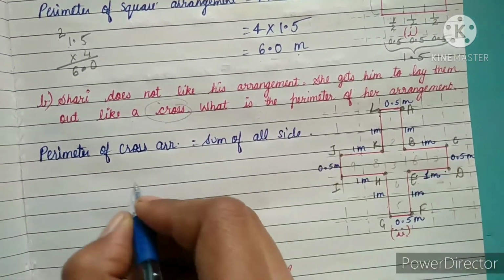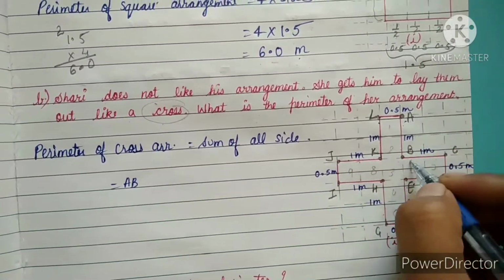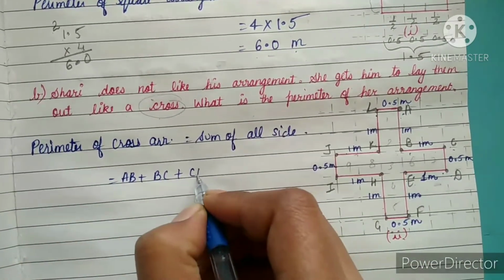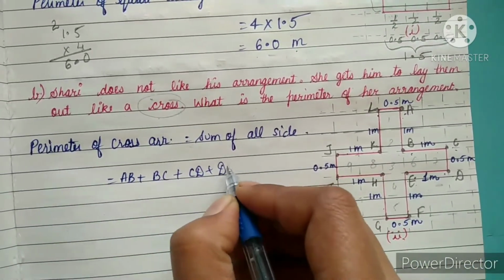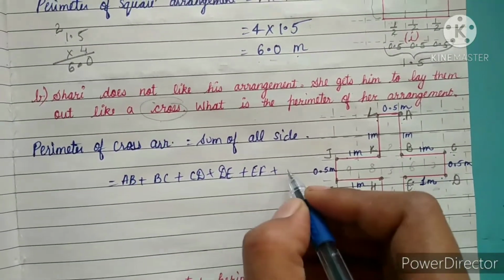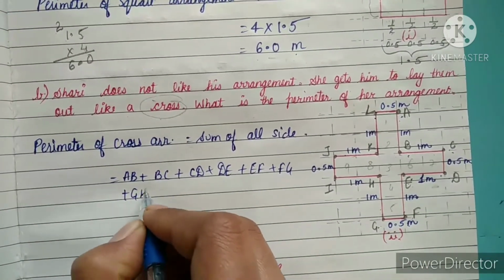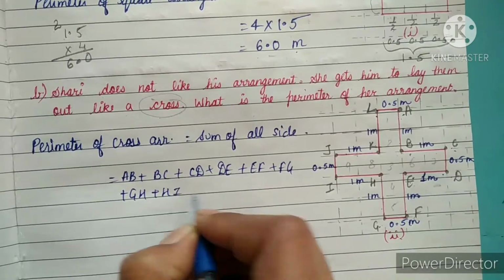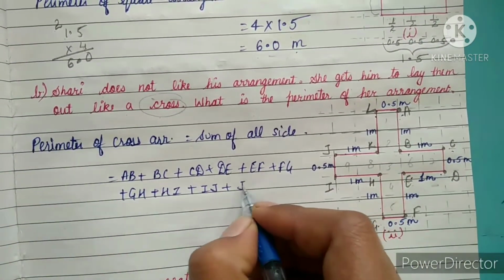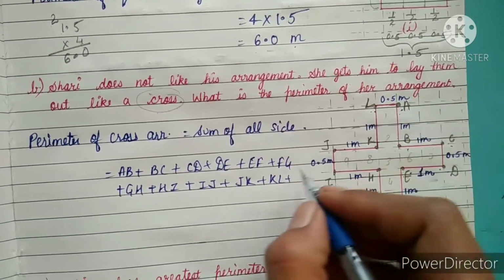We start with A. Firstly AB, then BC, CD, DE, EF, FG, GH, HI, IJ, JK, KL, and the last is LA.